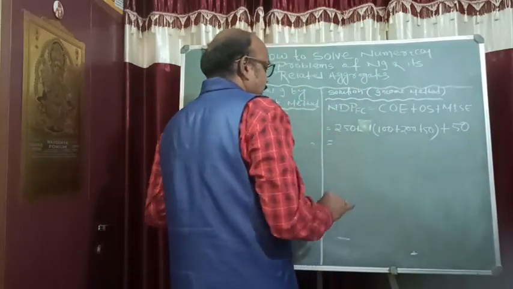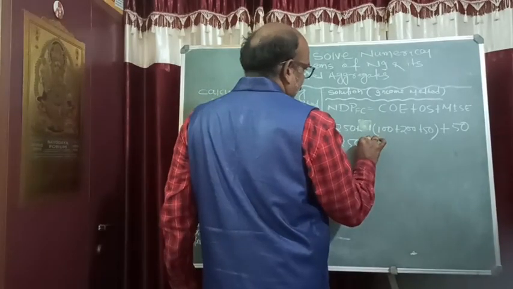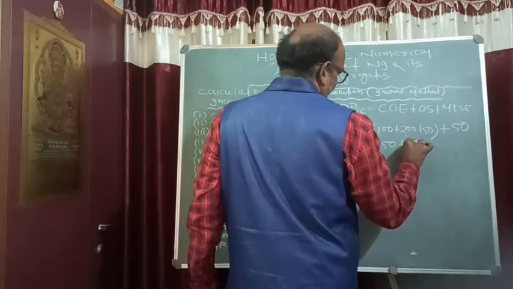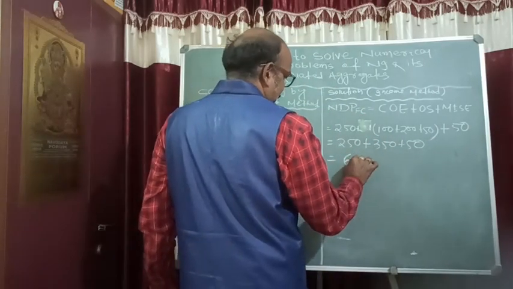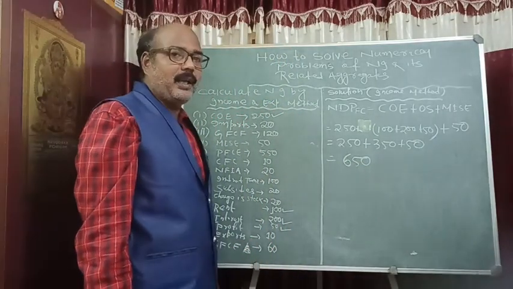So it becomes 250 plus 350 and 50, then it is 650. So 650 crores, that is the NDPFC.